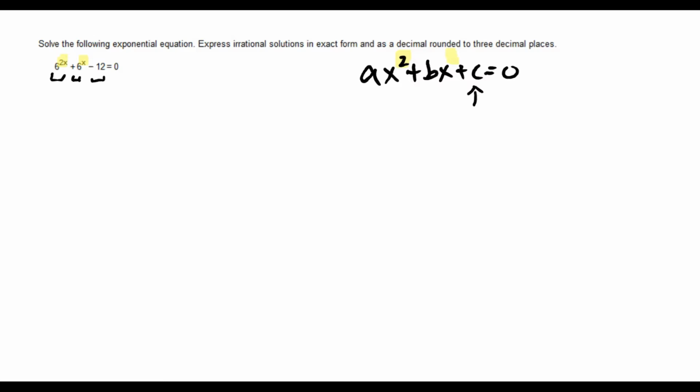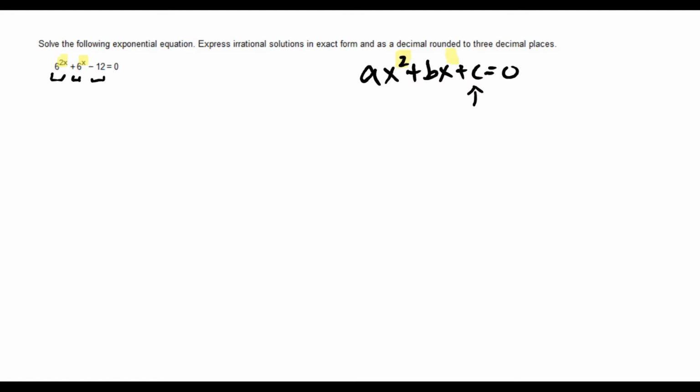Because it follows that pattern of having the 3 terms, one of them being a constant, and also having one power be double the other power, we can use this special method, which is called U substitution.